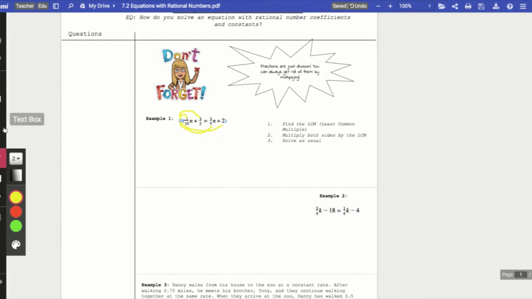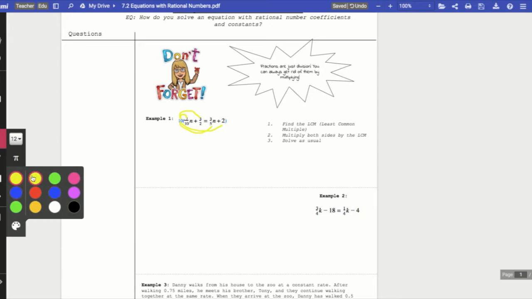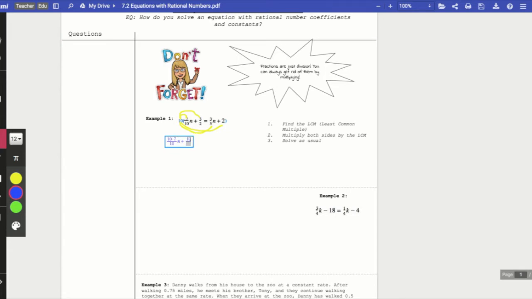So if I break it down, then what that ends up looking like after I've done all the multiplication is 10 times 7 over 10 n plus 10 times 3 over 2 equals 10 times 3 over 5 n plus 10 times 2.